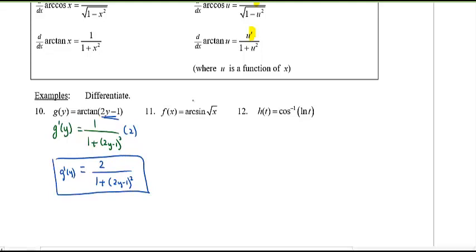Alright, be careful here with arc sine of root x. That's just, of course, x to the 1/2. So its derivative here is 1 over the square root of 1 minus x, which is in this case root x all squared. But don't forget there's an extra little bit, which is the derivative of the inside function, 1/2 x to the negative 1/2.